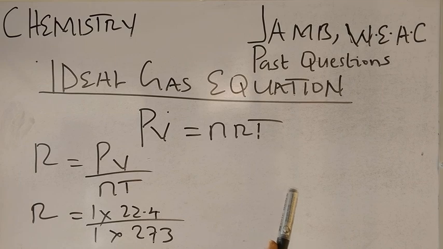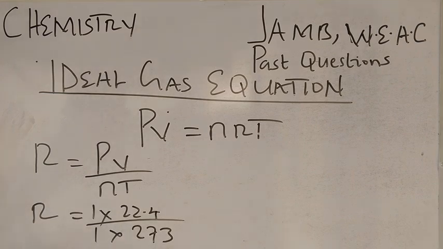So this is 22.4 divided by 273. This is 0.08205.